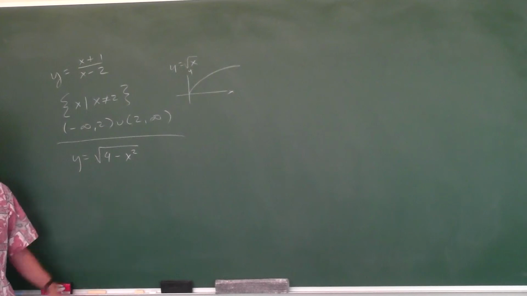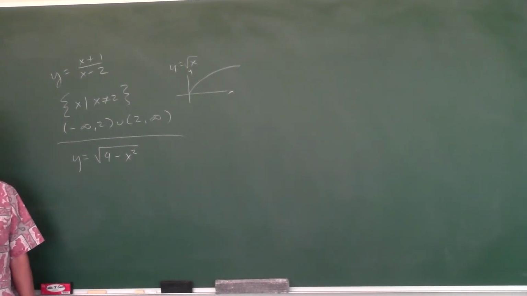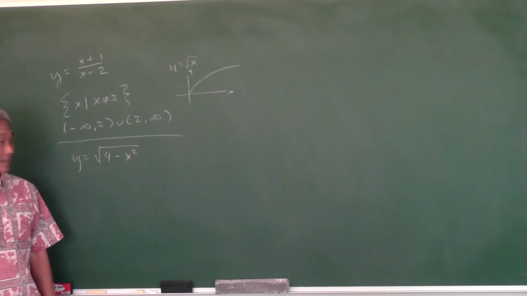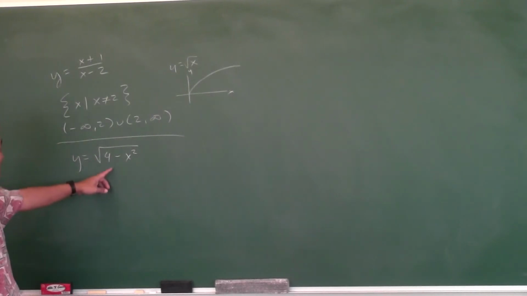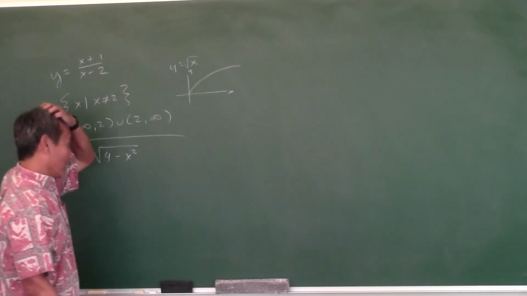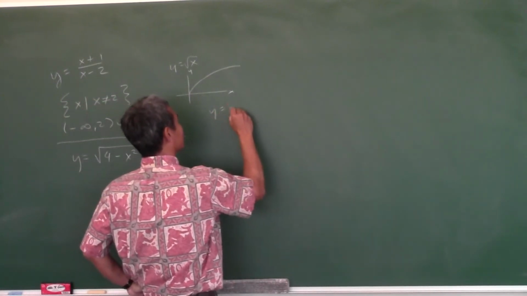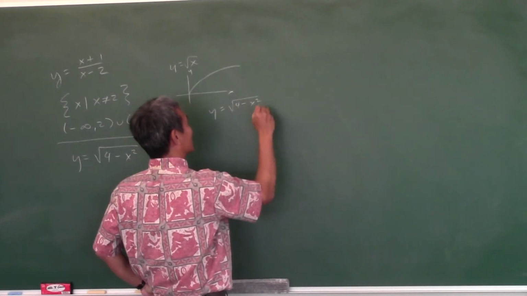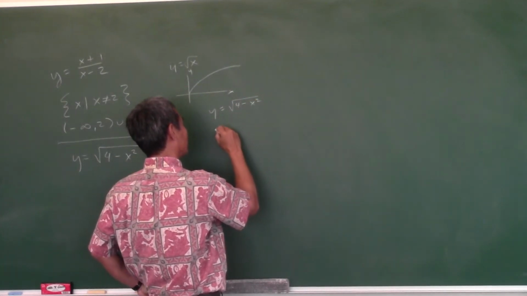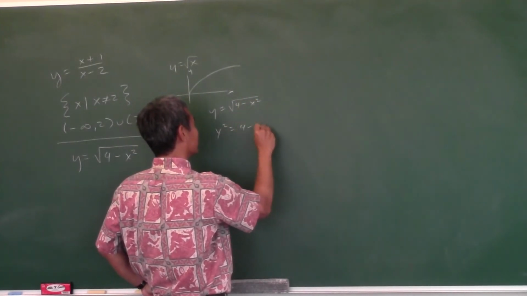It's a semicircle. It's a semicircle centered at the origin, radius 2. Look, square both sides. y squared is equal to 4 minus x squared.